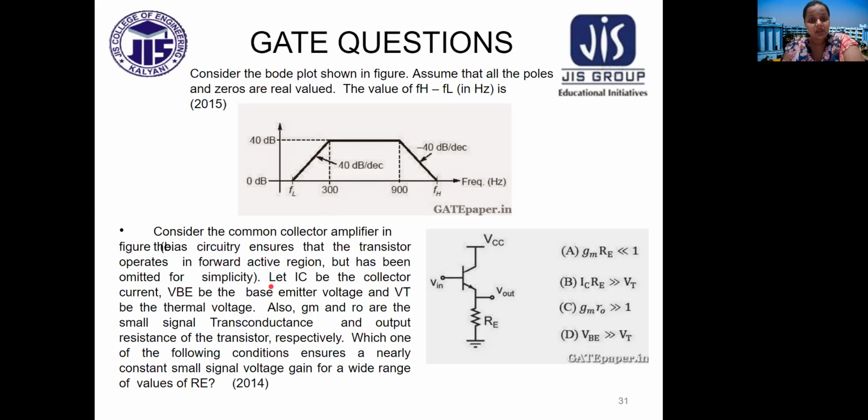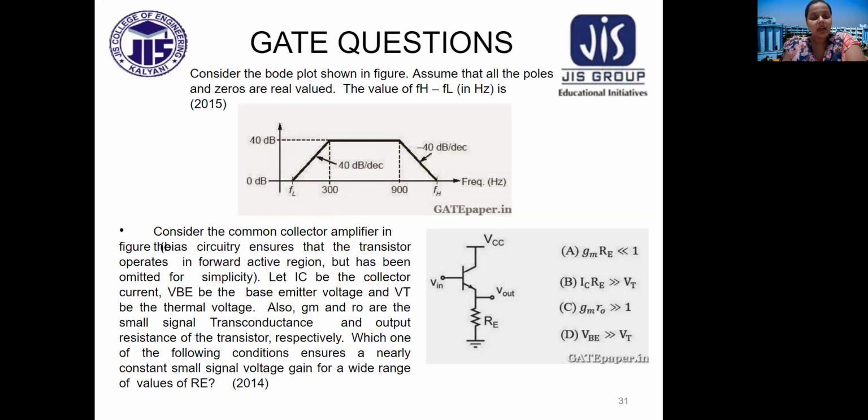Next question came in 2014: consider the common collector amplifier in the figure. The bias circuitry ensures that the transistor operates in the forward active region, but it has been omitted for simplicity. Let IC be the collector current, VBE be the base emitter voltage, and VT be the thermal voltage. Also, GM and R0 were given. These are the small signal transconductance and output resistance of the transistor respectively.